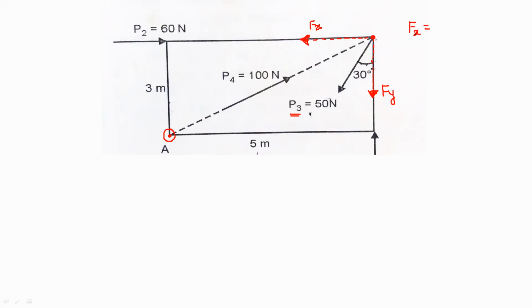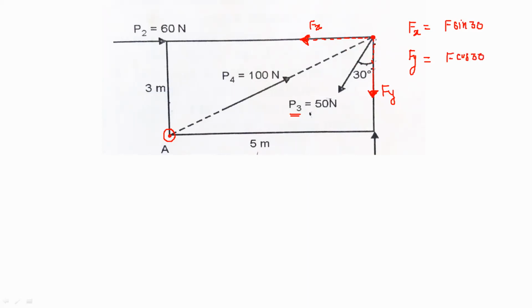So Fx is equal to, as Fx is opposite to the given angle 30 degree, this will be the sine component. So we have to write here F sine 30, and this will be F cos 30.